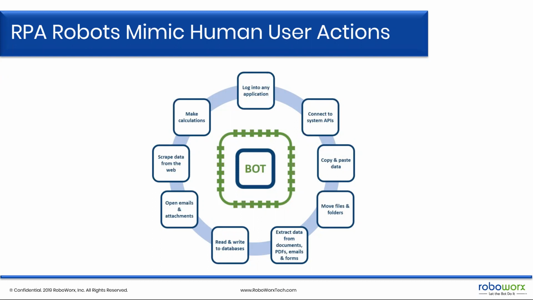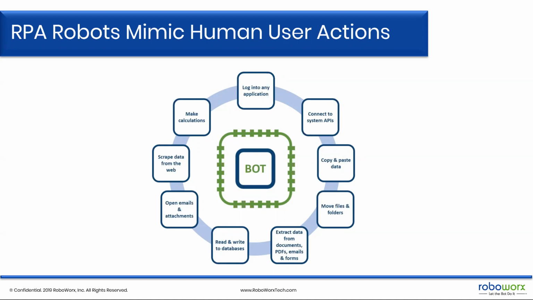Then it starts to become more complex, where the robot starts to make decisions. One example of that, the easiest example, would be accounts payable. Accounts payable happens to be one of the most popular tasks that are automated with RPA. It's the most popular process.